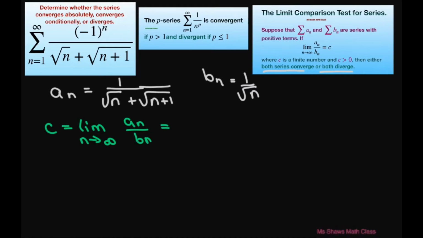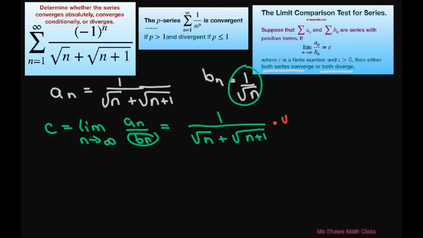So a sub n is going to be 1 divided by square root of n plus square root of n plus 1. B sub n is here, which we're supposed to divide. Instead of dividing, let's multiply by the reciprocal. So that's going to be, let's put the square root of n here and divide it by 1.